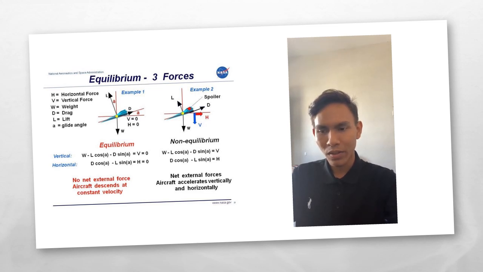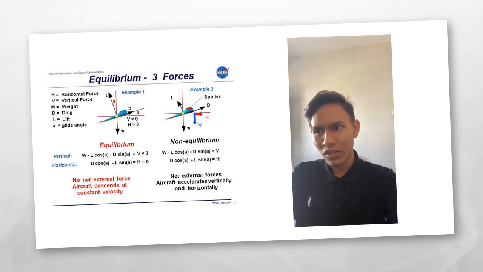For vertical: weight minus lift cos A minus drag sin A equals 0.